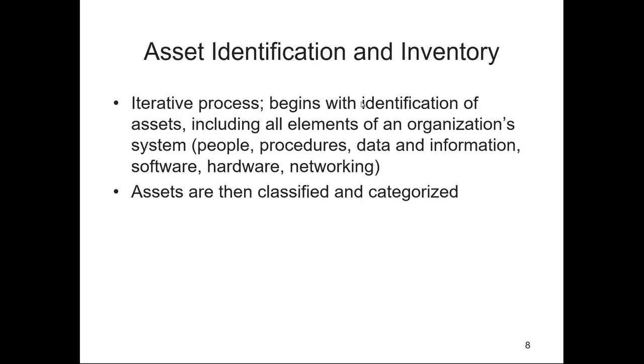The organization will use an iterative process to identify assets, including all the elements of an organization system: procedures, data and information, software, hardware, and networking elements. Then we classify and categorize the assets, adding details as we dig deeper into the analysis and we know the system more.